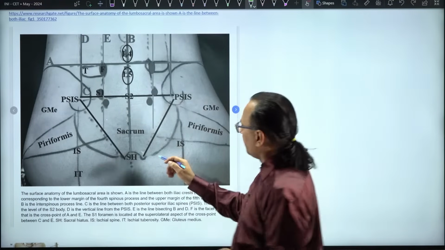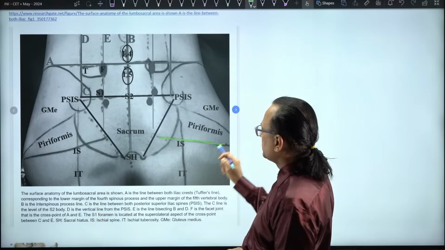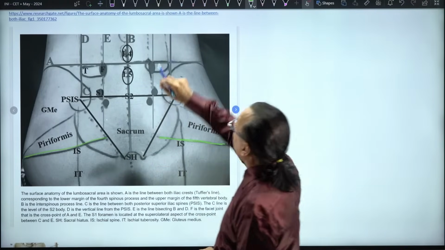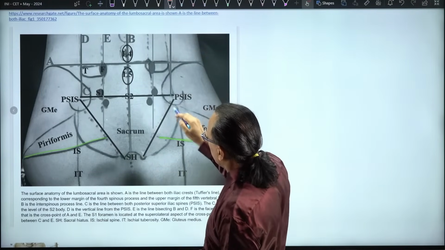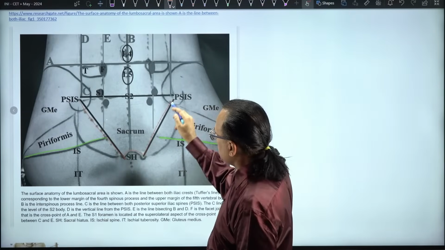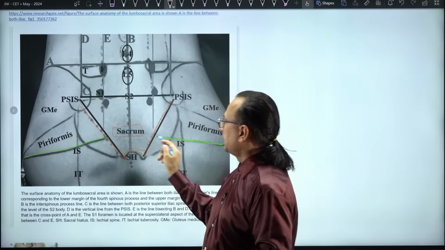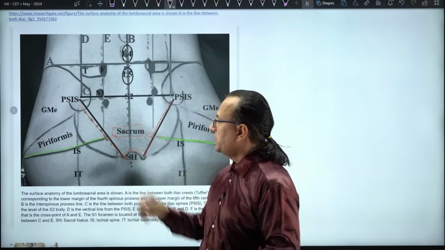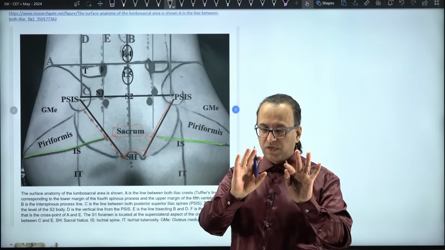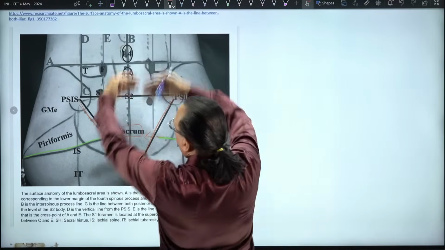So as you look from the front, see, this is the level of the ischial spine, and that is the sacrum here, sacral hiatus, sacrum. So if this is the sacrum, then I think the answer should be S3, 4, 5. You are looking from the posterior view, the buttock region, the lower back region.